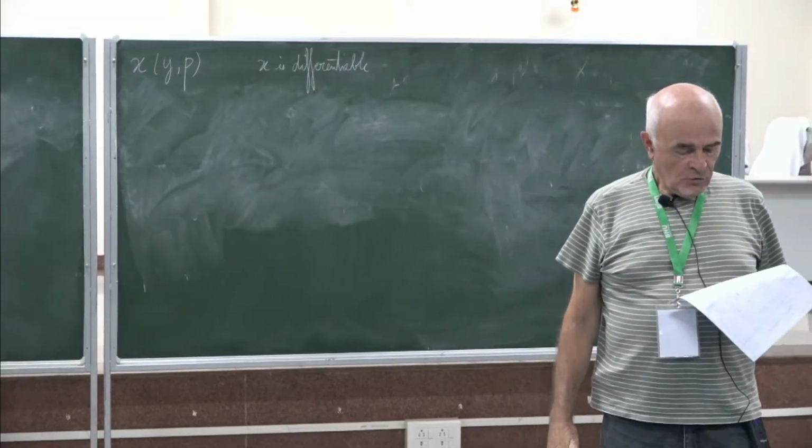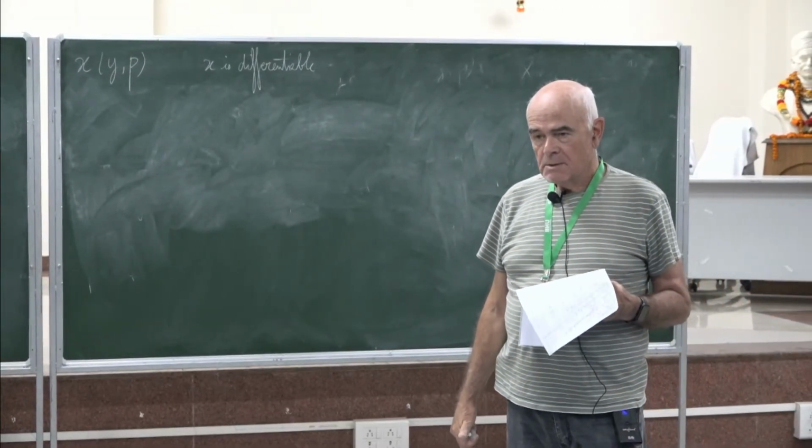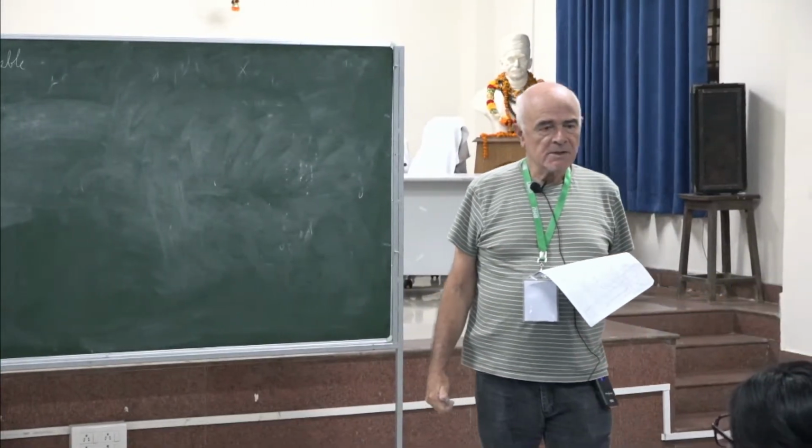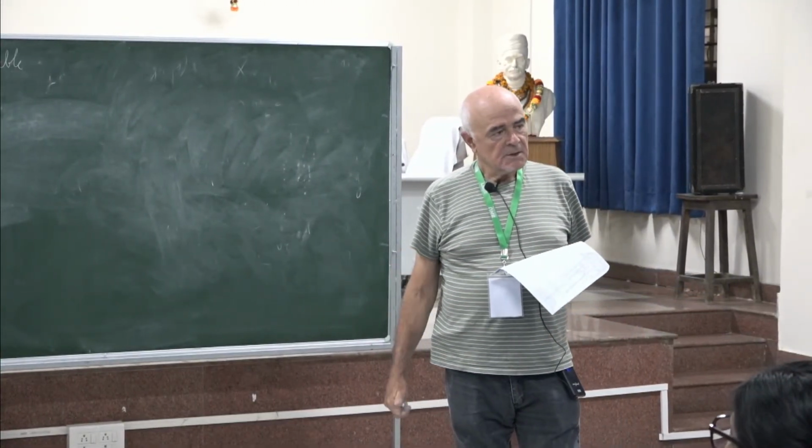As a function of P, of prices. So, what can we say about its Jacobian matrix?